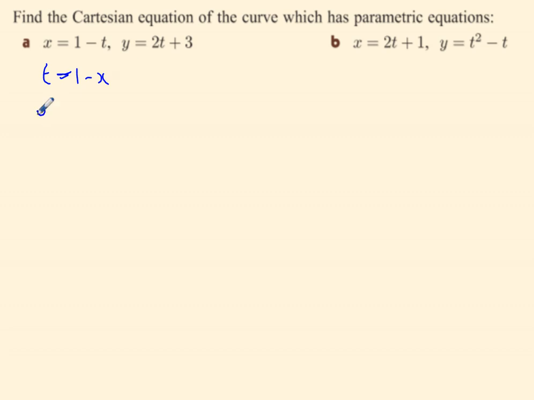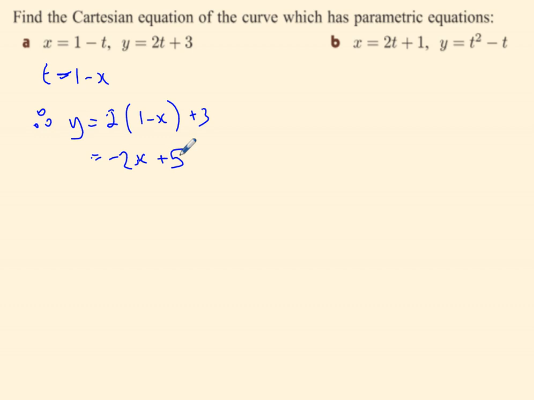Therefore, if I substitute that into my y equation, I'll get y equals 2 lots of 1 take x, plus 3. If we expand and collect, I'll end up with minus 2x plus 2 plus 3, so plus 5.